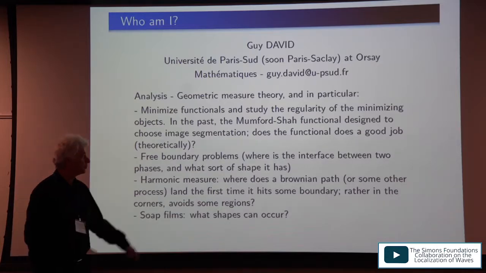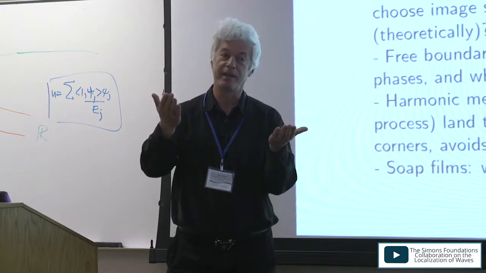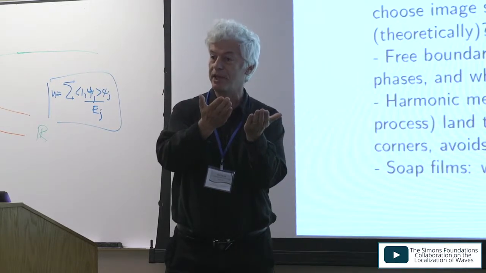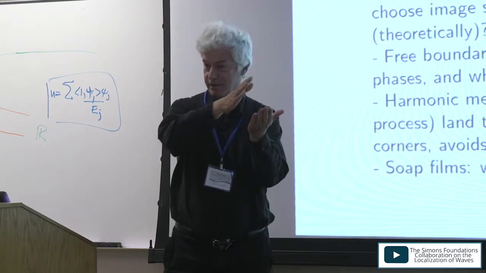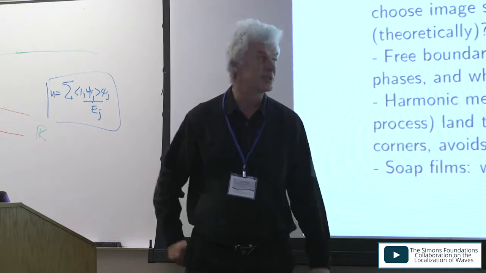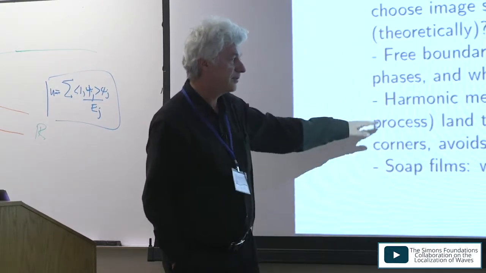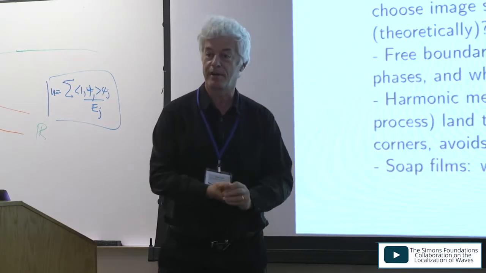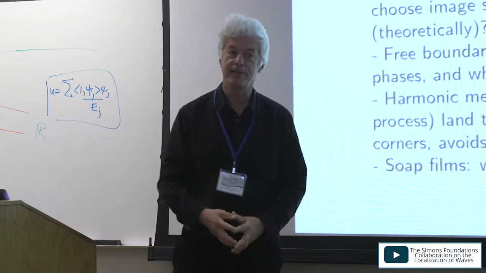Game number 2, free boundary problems. So you have, I don't know, something like two fluids. They have some interface. You don't know where the interface is, but you try to guess how nice it's going to be, hoping to prove that it's sufficiently nice that the problem makes sense. And then there was this third mention of harmonic measure, which is you send a random particle in the air.